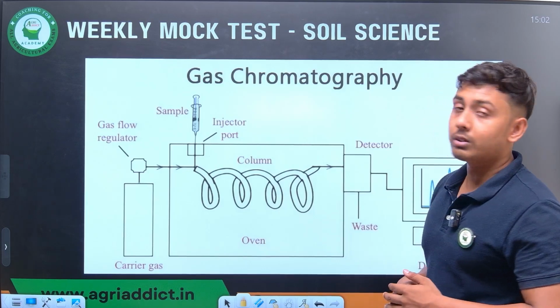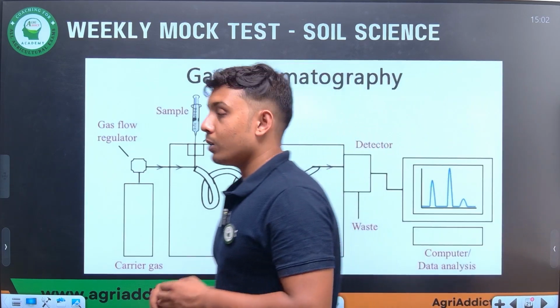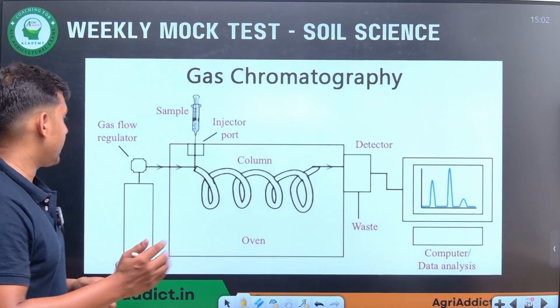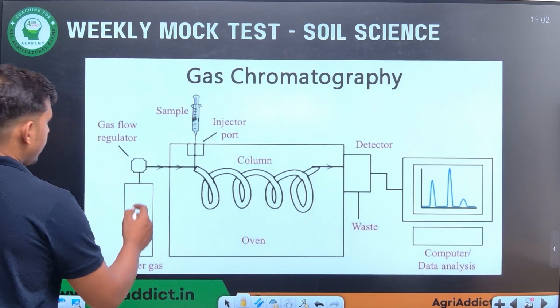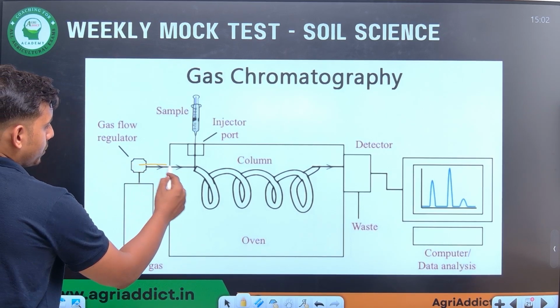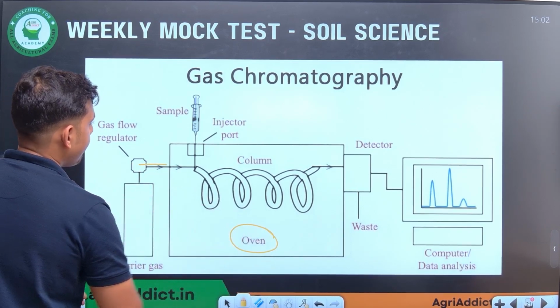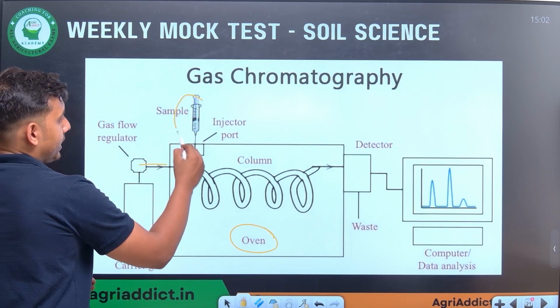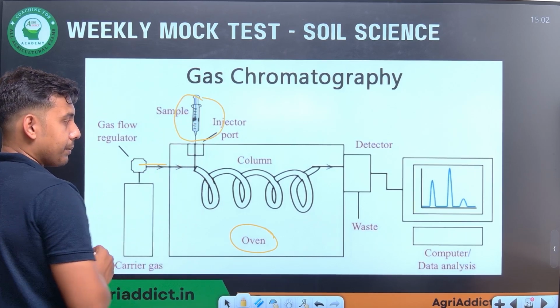And let's know about the gas chromatography also. Here it is like the liquid chromatography, but here the carrier gas is put through this oven, then a sample injector is there, it injects the sample.